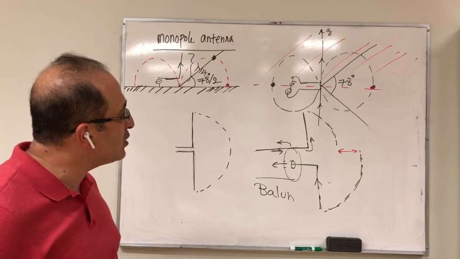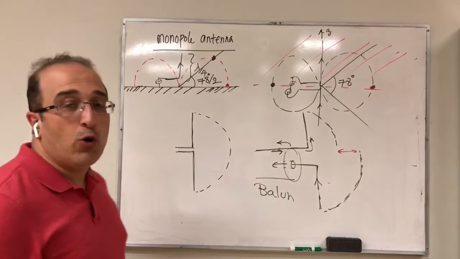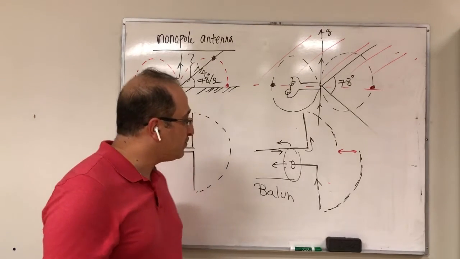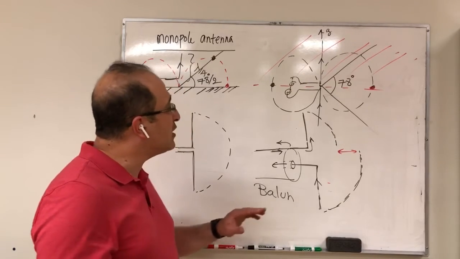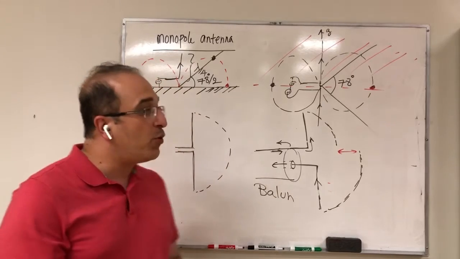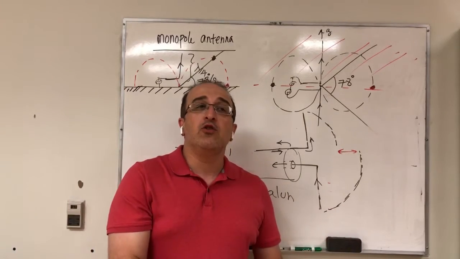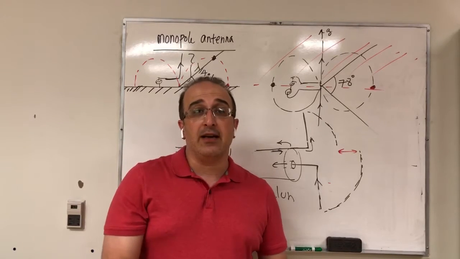Citations would be in the course notes, and further readings have been provided in the course notes that you can check. So now I'm going to stop my discussion on monopole antenna and dipole antenna at this point, and then we can move on to our discussion about loop antenna.